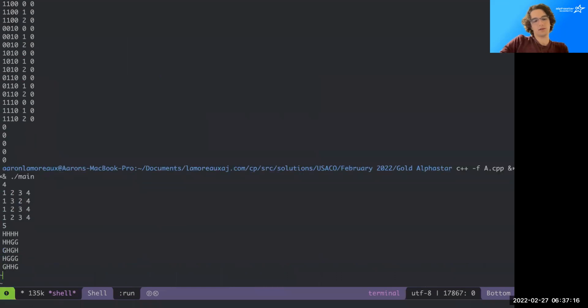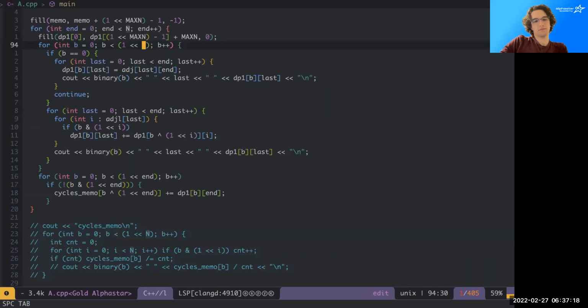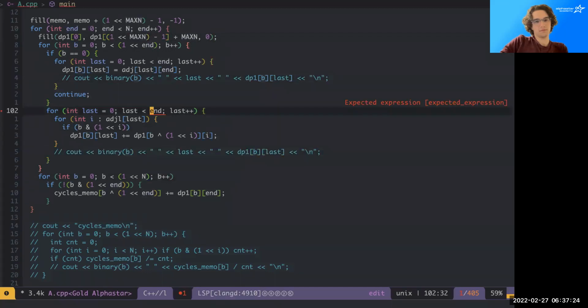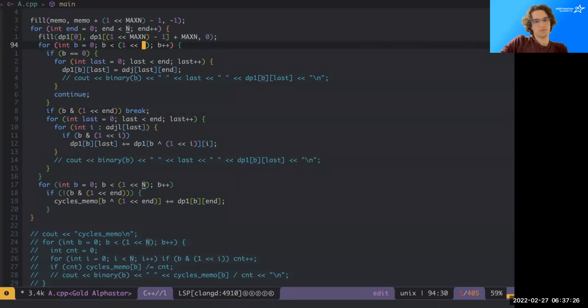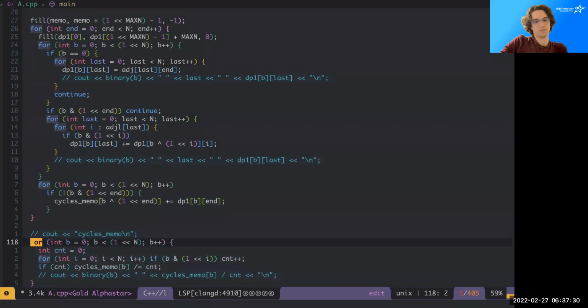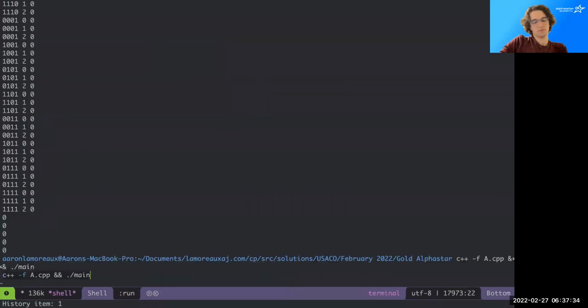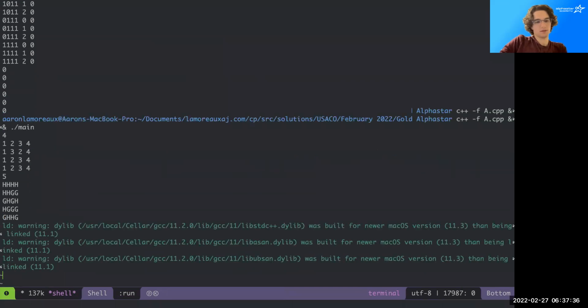I can also undo my changes. It should work, but double count.